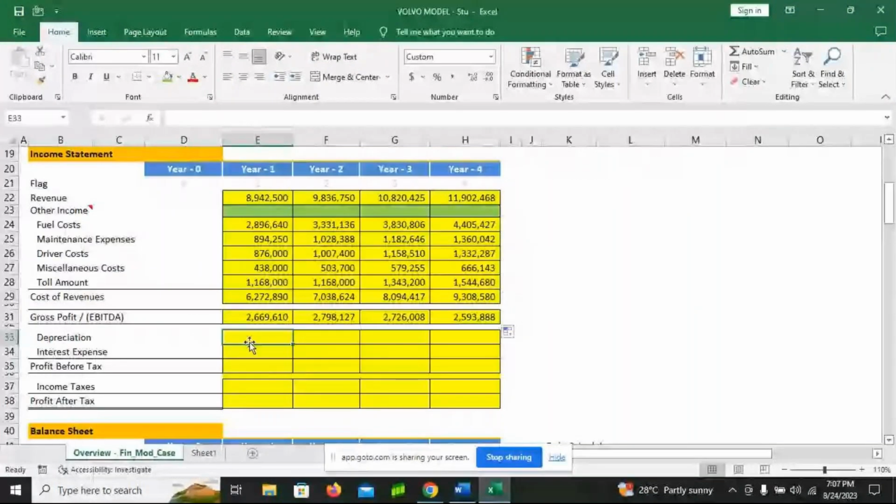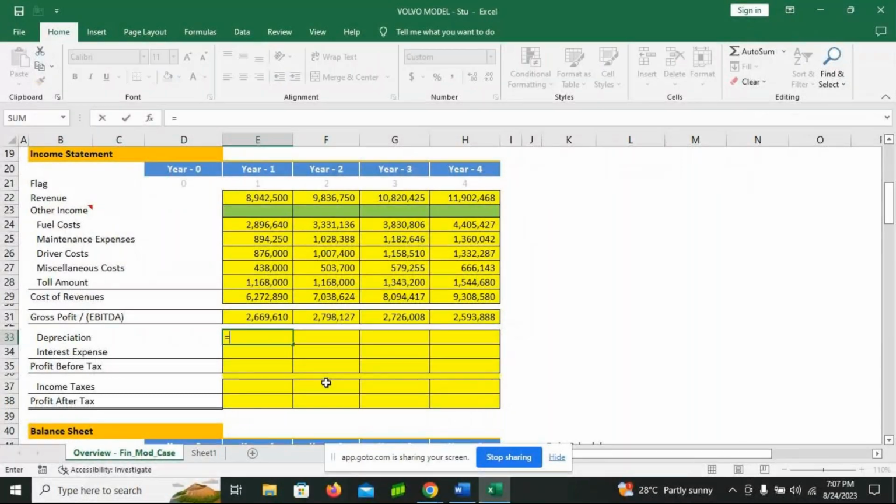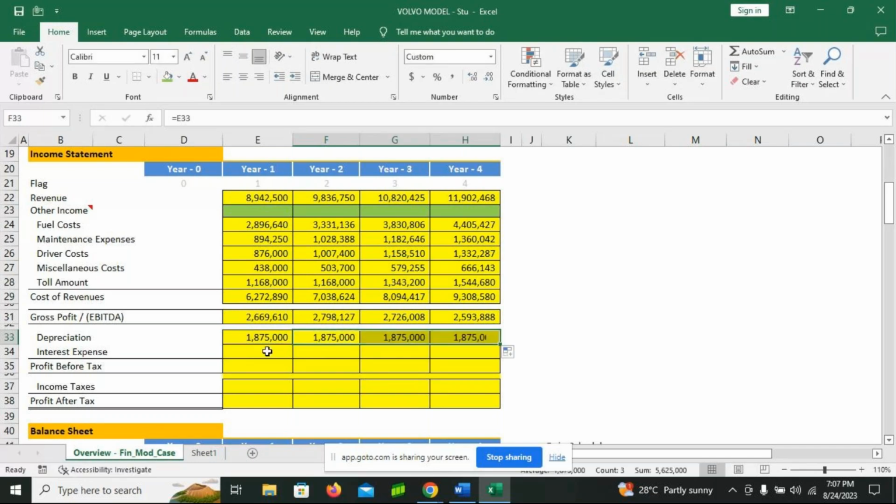So here I'll calculate the depreciation equals 75 lakh divided by 4. It is 18 lakh 75 thousand. So year on year the depreciation is going to happen at the same rate. So by the end of 4th year the total value will be done.